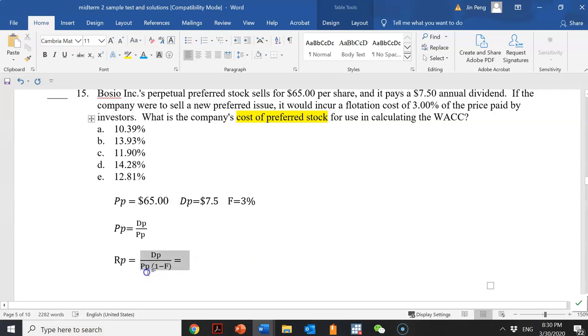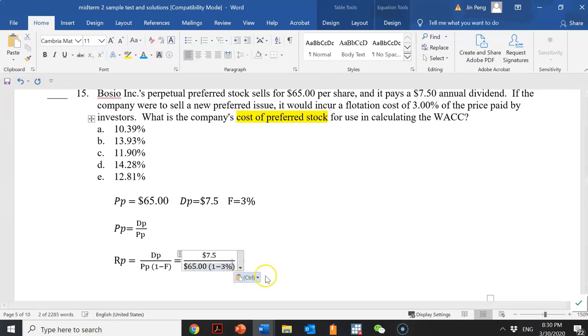Okay, so this gives us DP 7.5 divided by PP $65 multiplied by 1 minus 3%.